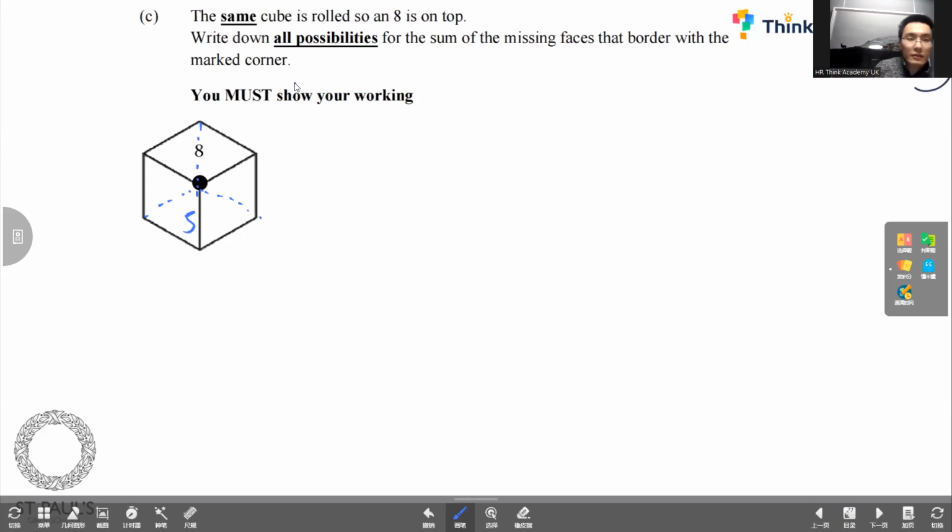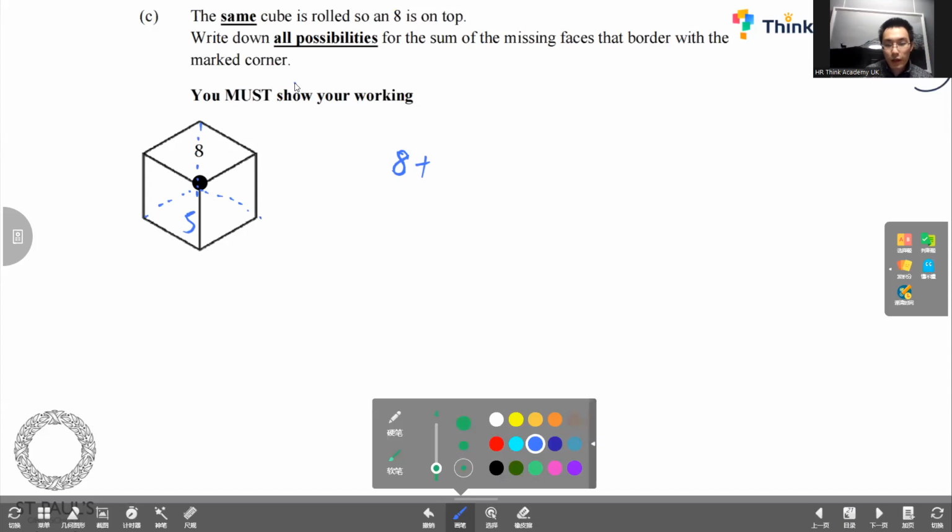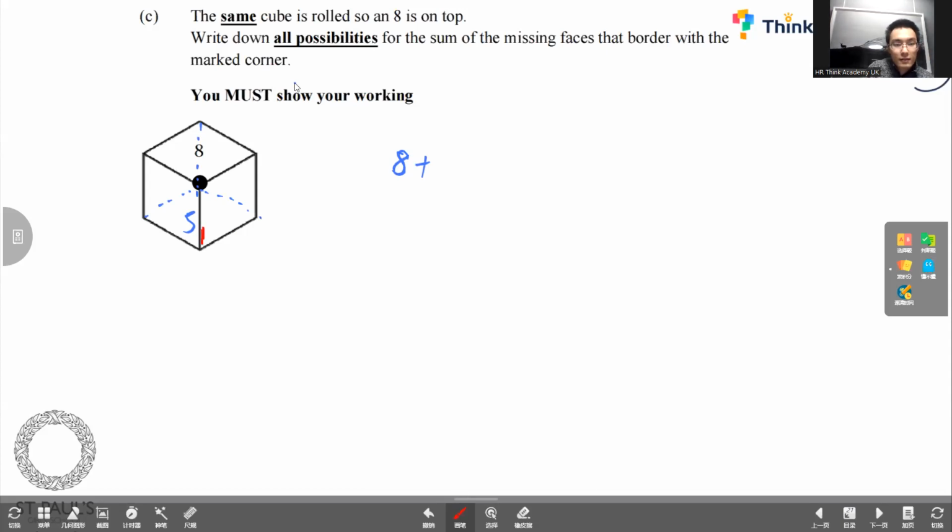Okay, and then we want 8, plus this side, I'll draw it outlined in red. The side on the right and the side on the left, plus these two sides.